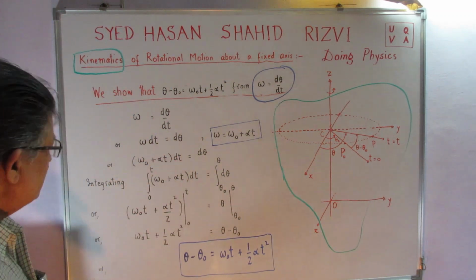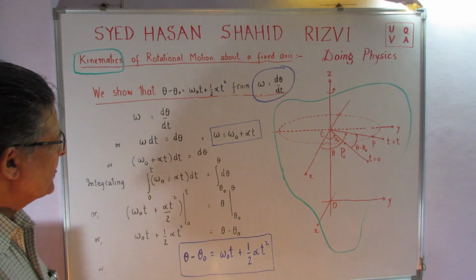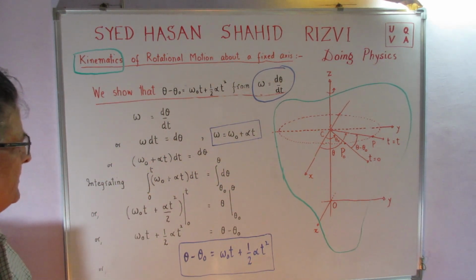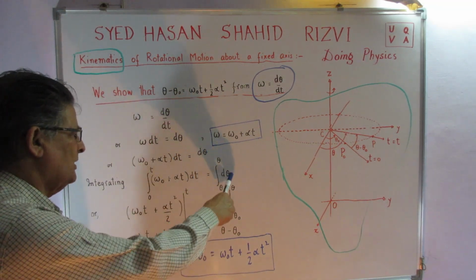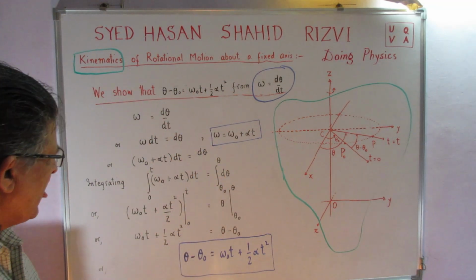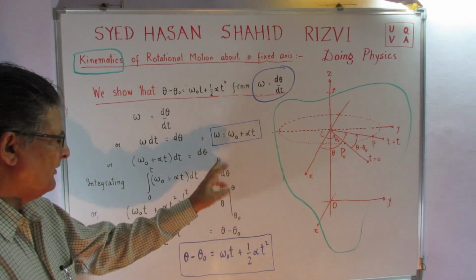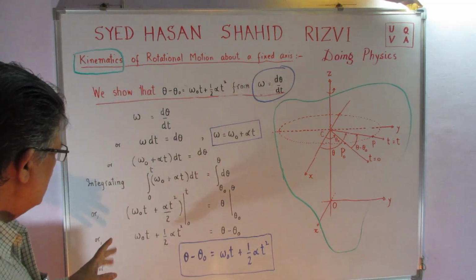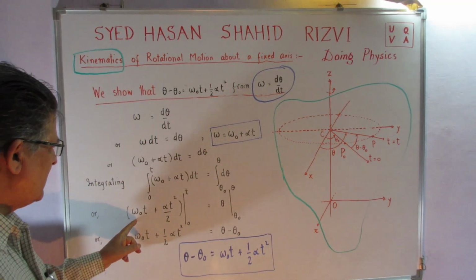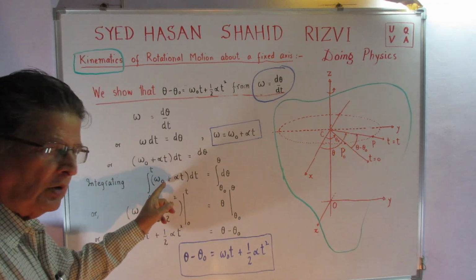And integrating between the limits 0 and t, this term omega naught plus alpha t dt, and theta 0 to theta d theta, escaping that one step where integral d theta will be equal to theta, so I can write omega naught, and here it is t to the power of 0.